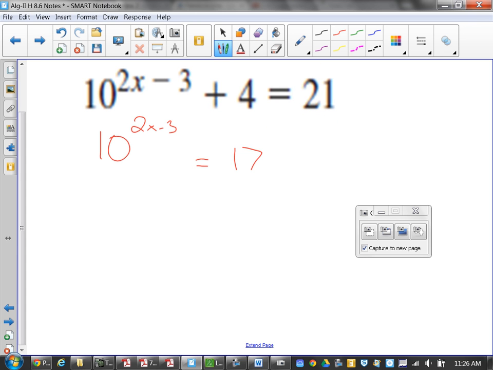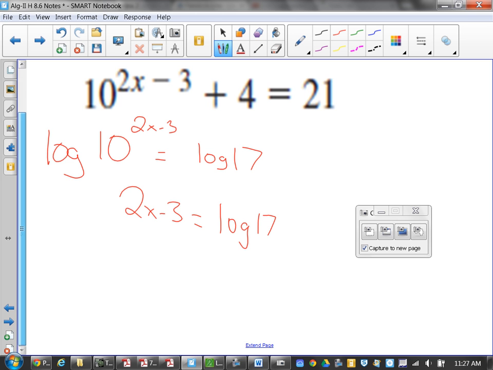So take log base 10. You don't have to say base 10, but if you want, that's fine. So all you're doing is taking the log of both sides. Now you get 2x minus 3 equals the log of 17.